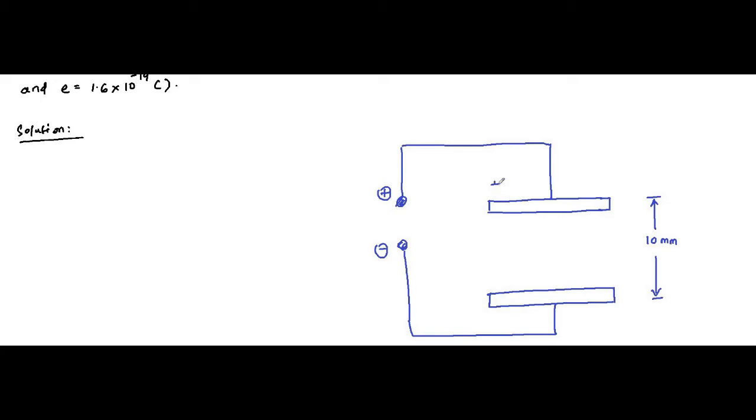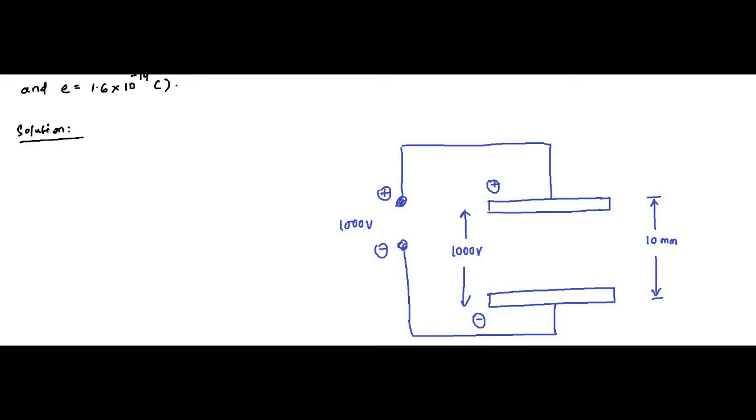Okay, so this is positive, this is negative, and the potential difference is 1000 volt. We have already discussed electric potential also, but this question is related to electric field, but the concept of potential has come, so we'll see how we'll solve this. This is 1000 volt because it is connected to a source of potential difference of value 1000 volt.